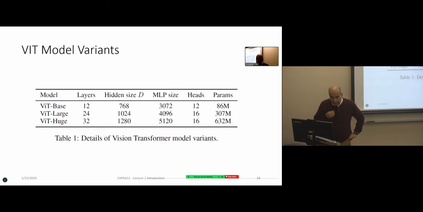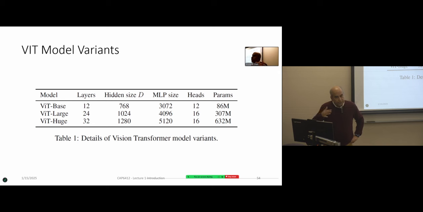They look at the different versions of these ViT. Base has only 12 layers, ViT large has 24 layers, and ViT huge has 32 layers. That is one thing you will notice when you come to LLMs or VLMs. They talk about 7 billion parameters, 70 billion parameters, and so on.